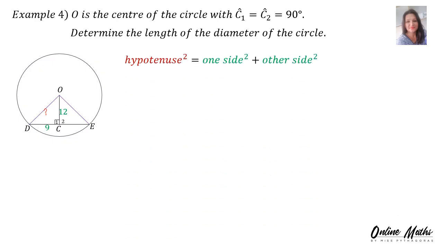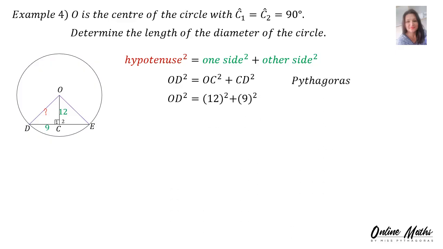Hypotenuse squared is equal to one side squared plus the other side squared. Therefore, the hypotenuse OD squared is equal to OC squared plus CD squared, Pythagoras.